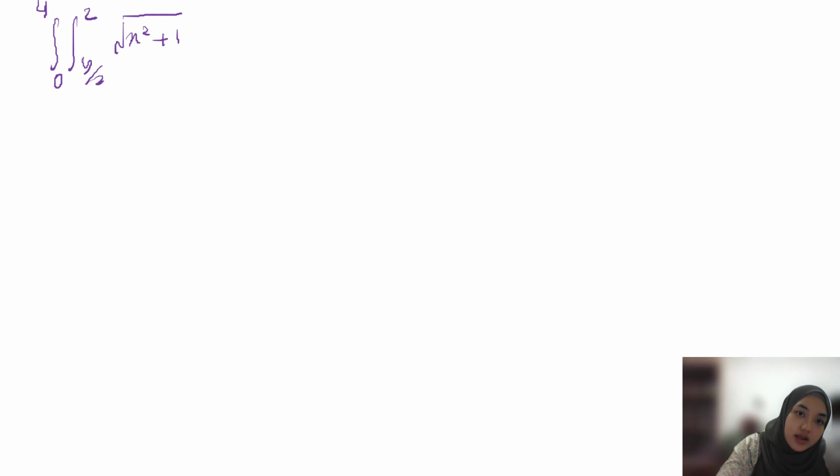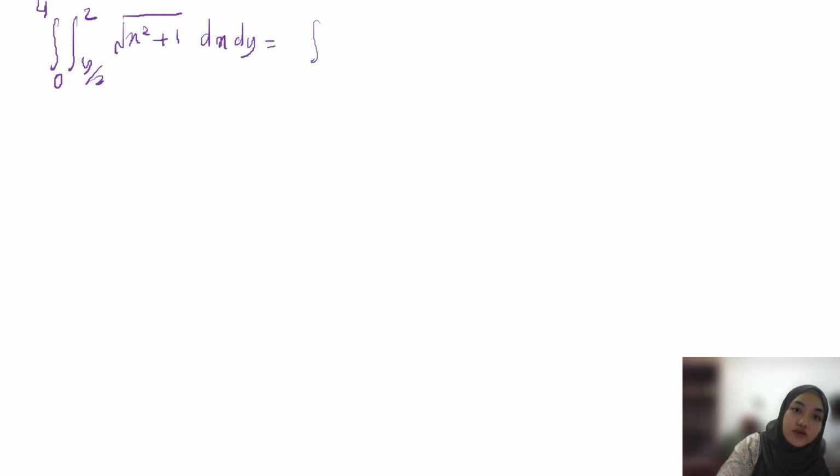To calculate this one, I rewrite the function again. From our reversed order, the integral of y over 2 until 2, 0 until 4, of x squared plus 1 squared, dx dy.